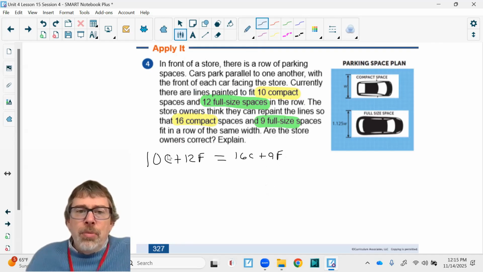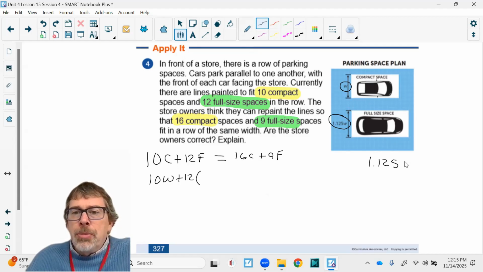So in this situation, we have two expressions that are not equal to each other, but what they want us to do now is substitute in the widths to see if they're equivalent. So for C, I'm going to replace with W. So I'm going to say 10W plus 12 times, and here's F, 1.125.